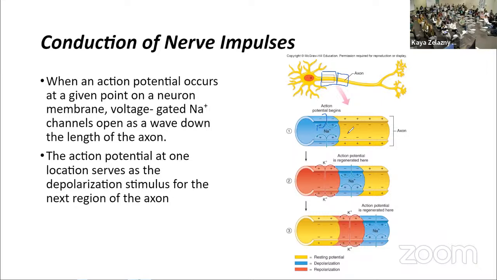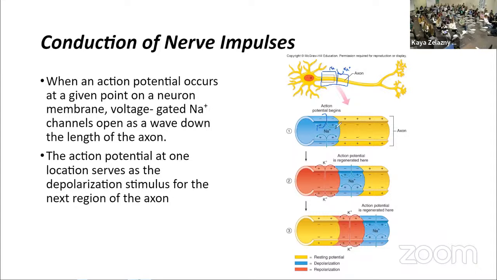As they start to drift to the neighboring section, if you have a sodium ion inside this patch, it's drifting over, so we have a sodium ion now near the next patch. This has the effect of depolarizing that next section of membrane to threshold.